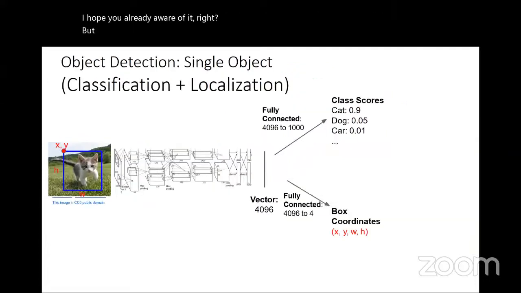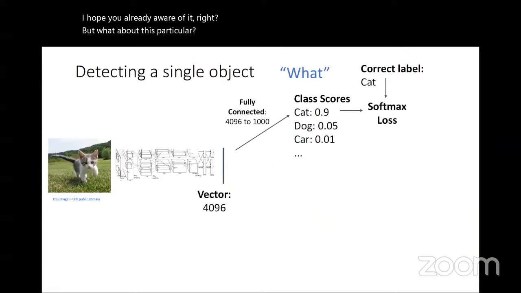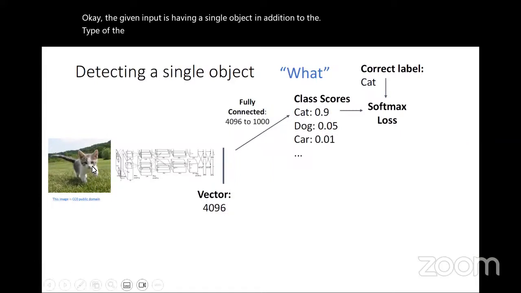Now this is the image classification problem. I'm going to ask you a question: the given input has a single object. In addition to the type of the object, I also need to know where that particular object is. I hope you got my question.